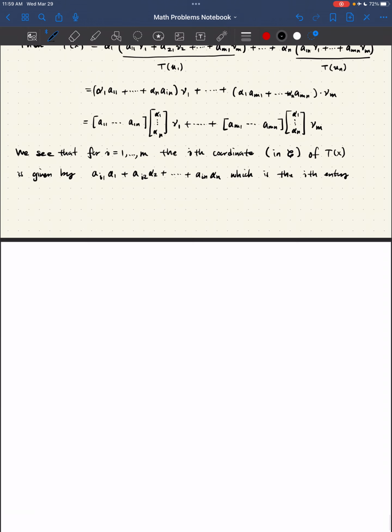Let me just draw it over here. The column vector, seen as a matrix: we construct a matrix with rows a11 up to a1n, down to am1 up to amn, times the column vector alpha 1 to alpha n.